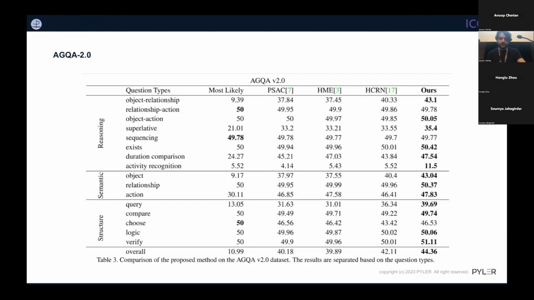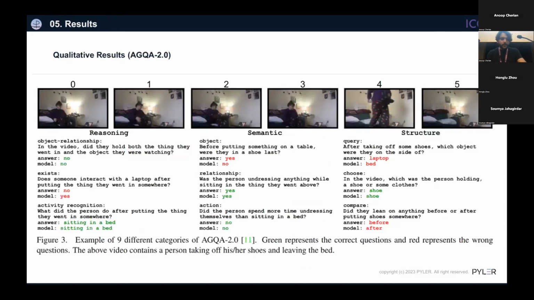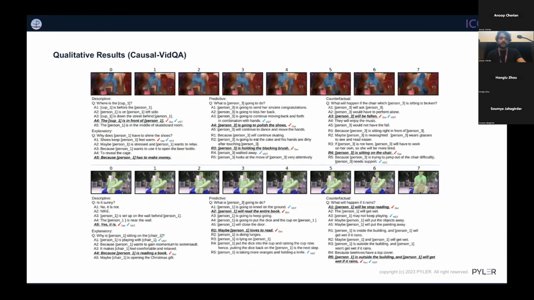These are some results on HQA, again not that surprising, but better than the previous baselines. These are some qualitative results. The results are still not that impressive, but I think we need to focus on learning combined representations. Thank you.